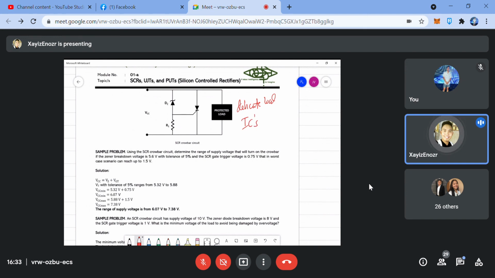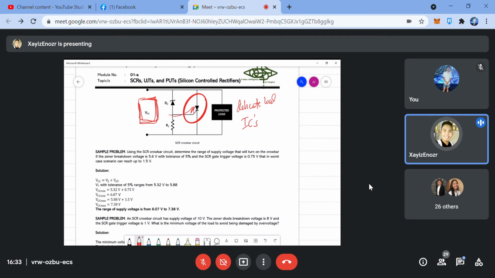Pag nagkaroon ng overvoltage kay VCC dito, ang tendency is pag wala tong SCR na to, pag nag-overvoltage si VCC and yung rating ng IC mo is hindi niya kakayanin yung voltage na pumasok sa kanya, ang mangyayari niyan is masisira yung load mo or yung IC mo. But pag may SCR ka at pag may overvoltage ka dito, ang tendency niya is ito-turn on niya si SCR muna.